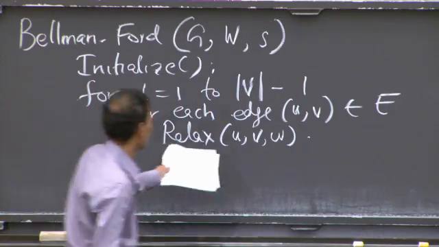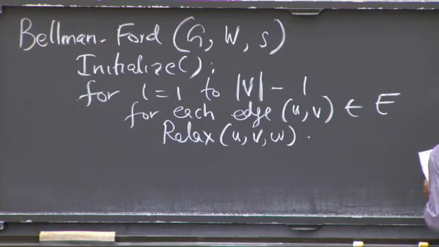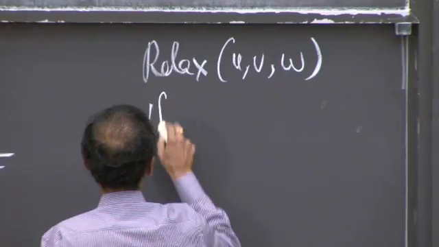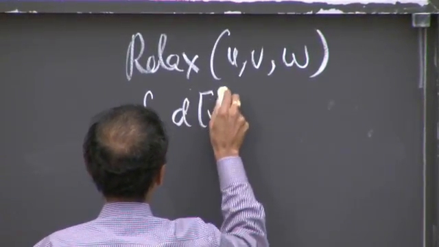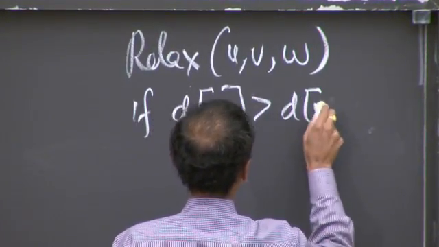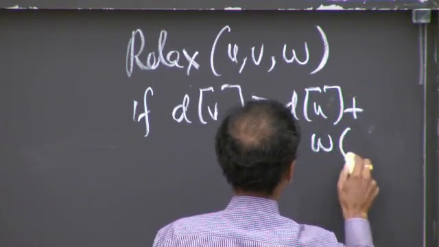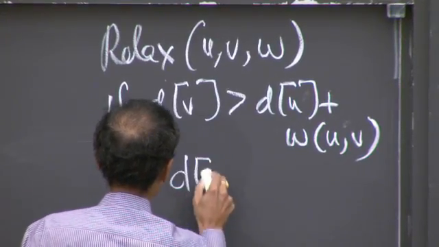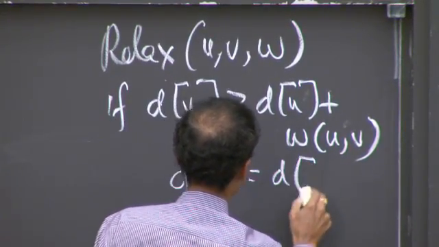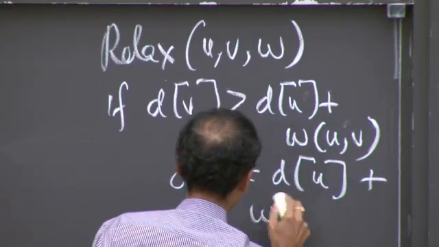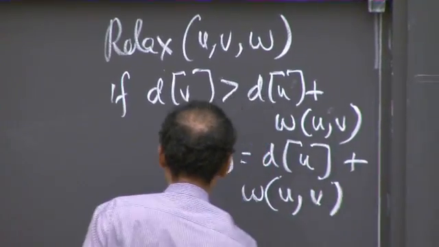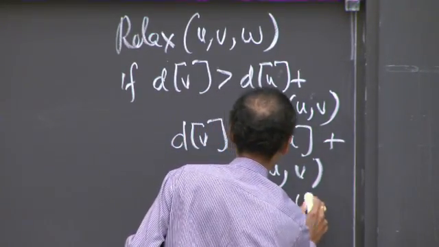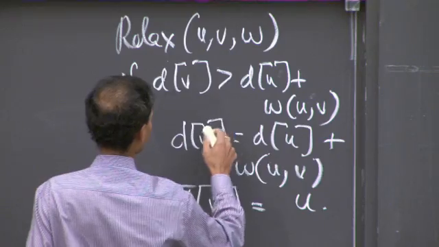And just so everyone remembers, relax(u, v, w) is: if d of v is greater than d of u plus w(u, v), then we set d of v to be d of u plus w(u, v), and we also set pi of v to be u. Okay.